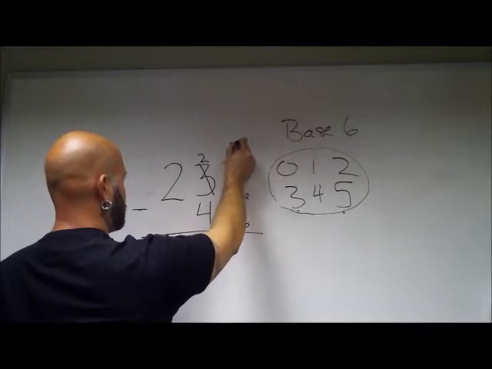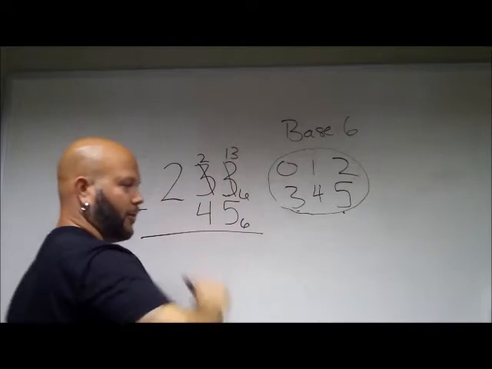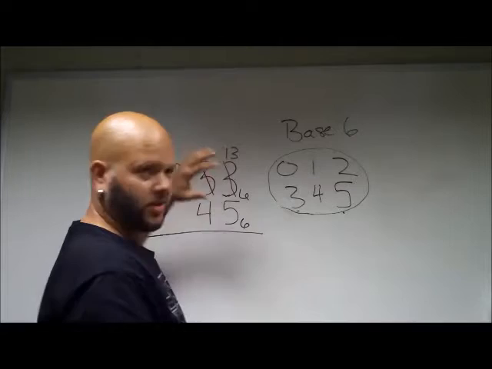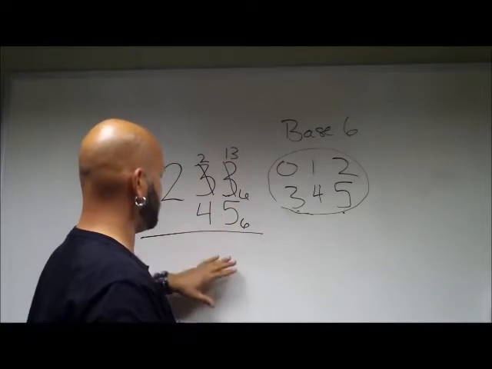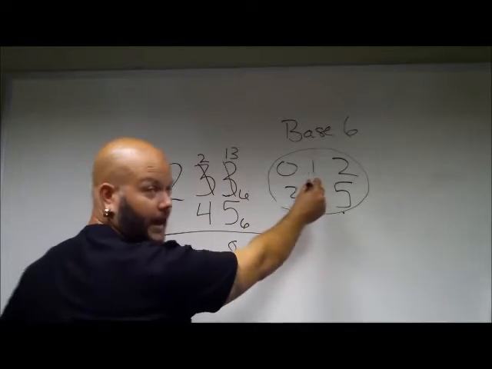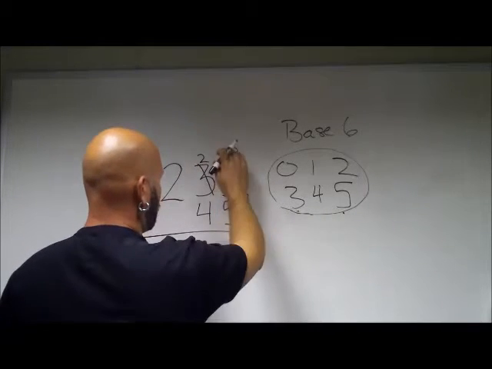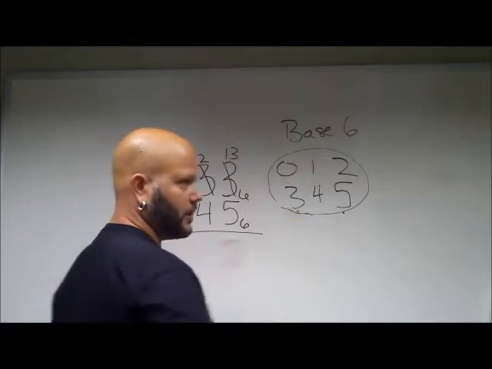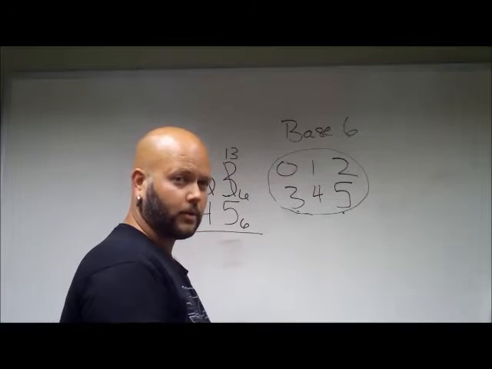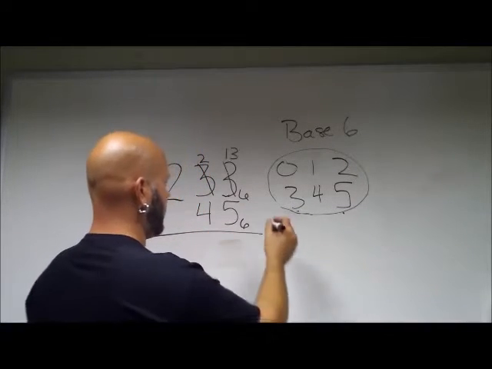So this now becomes 13, but remember we can't take this as 13 minus 5 because then we get 8. 8's not a number that we can use. So we have to convert 13 into a base 10 number to be able to take away that 5.